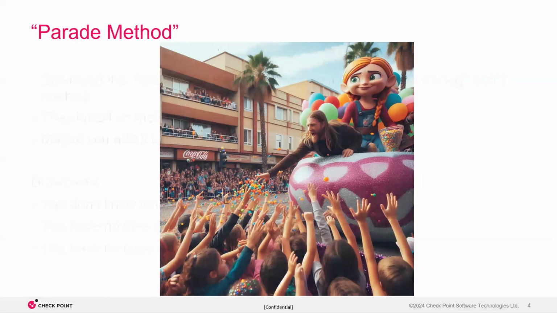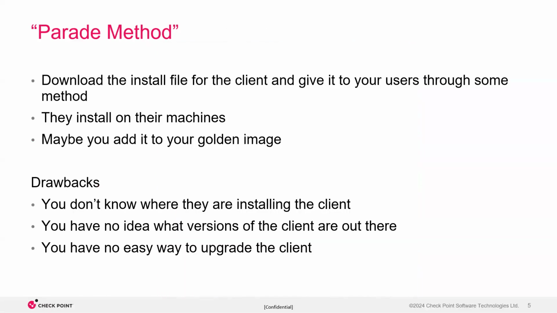The parade method, you download the install file for the client and you give it to the user through some method, right? You put it on a SharePoint or on some shared folder somewhere, or link it up on Google Drive. You put it on a flash drive, however it is you share the thing. You grab the installer, you share it out, right?